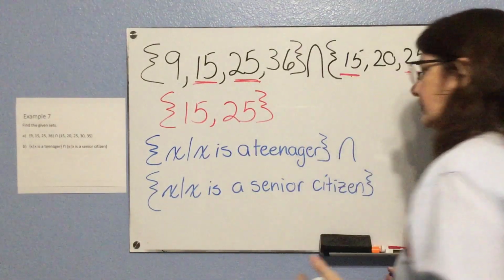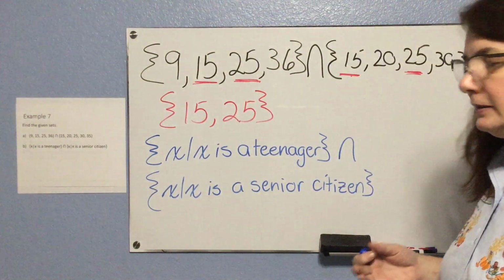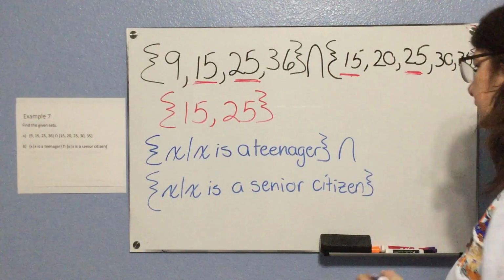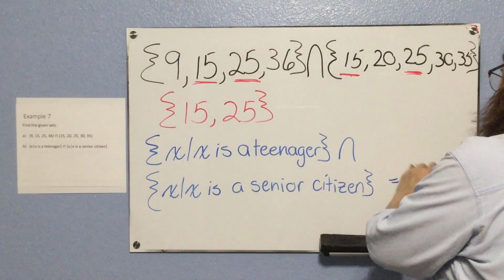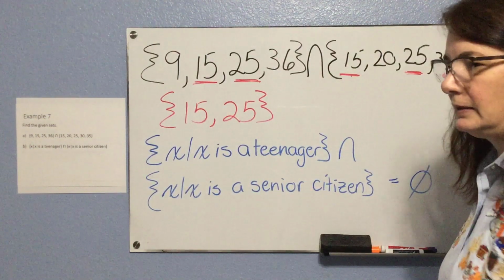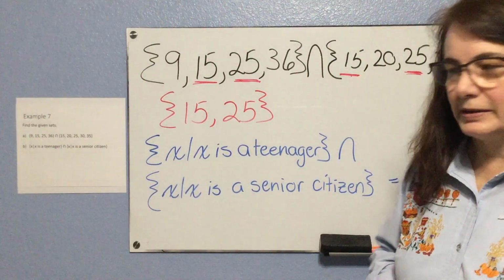Okay, well, teenagers and senior citizens don't have an intersection. So this would be the empty set. If you're a teenager, you're not a senior citizen.